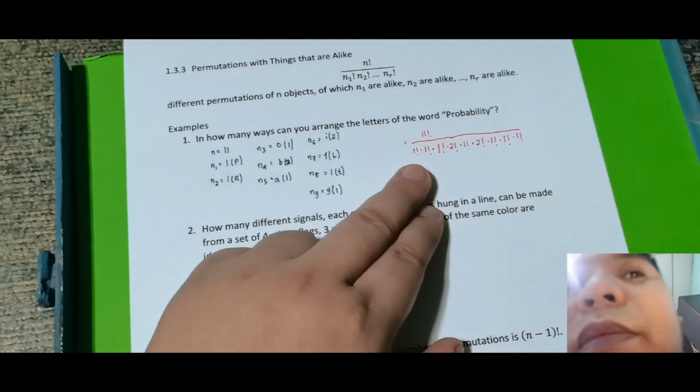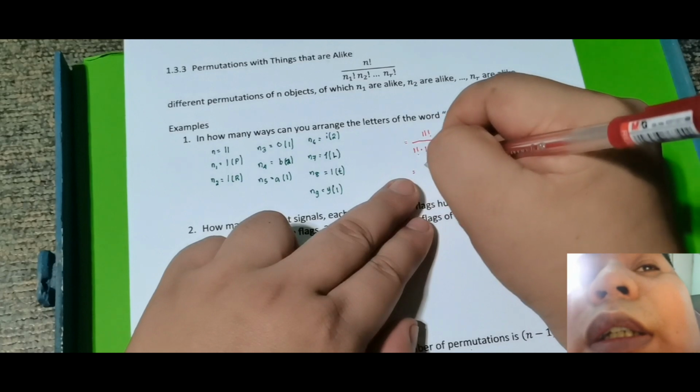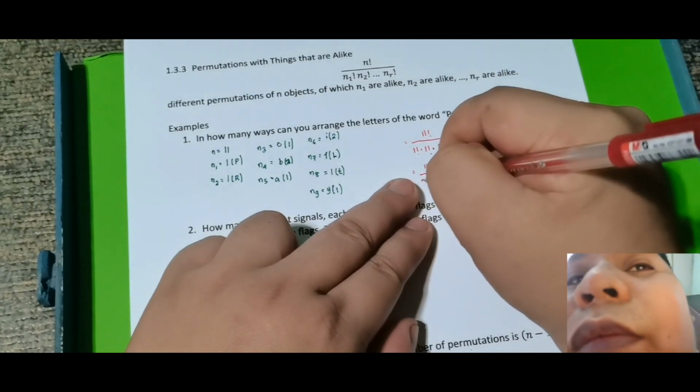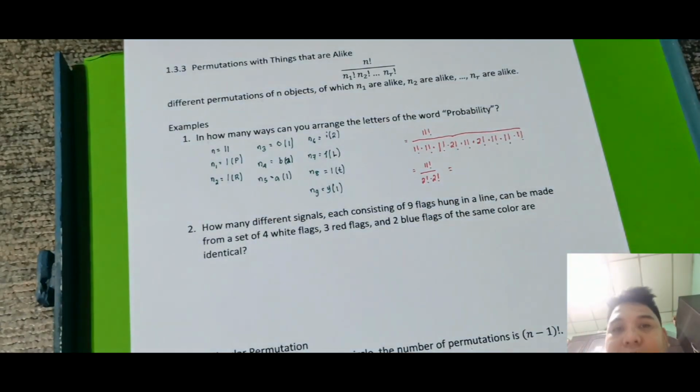Kumbaga naulit lang eh. 1 factorial is just 1. So this is just the same thing as 11 factorial over 2 factorial times 2 factorial. Okay, so in that case, pwede ka na mag-calcu. So calcu na lang yan.